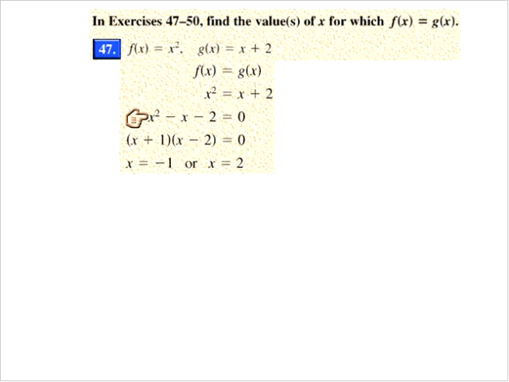From here, you can use the quadratic formula to solve for x, or you can try to factor it. And this does factor to x plus 1 times x minus 2. Then we set each parentheses equal to 0 to solve. So you'd get x plus 1 equals 0, x minus 2 equals 0. That means x is -1 or 2.